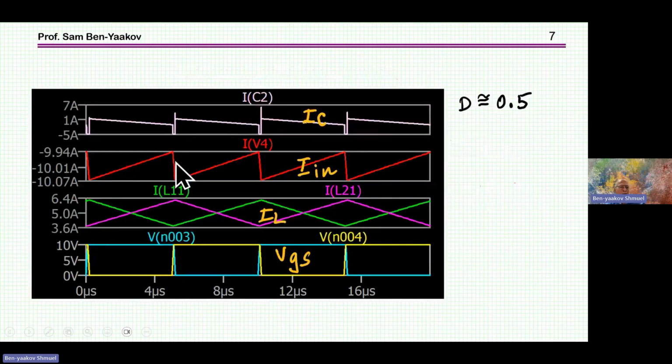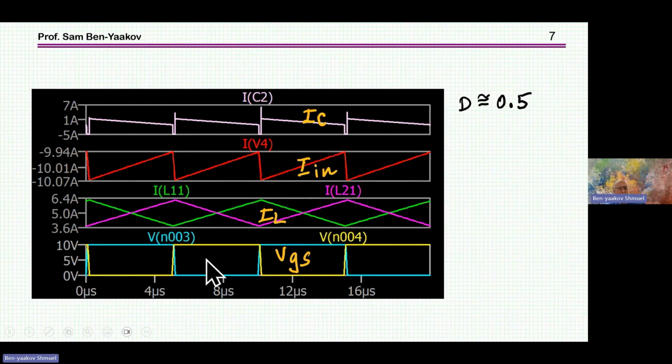So here I'm showing a simulation of a system like that. Here are the gate drives. This is for a duty cycle of 0.5. It's about 50%, though not exactly, due to the rise and fall time. But what we see very clearly is that the ripples are in opposite directions, because when one is working, the other one is not.